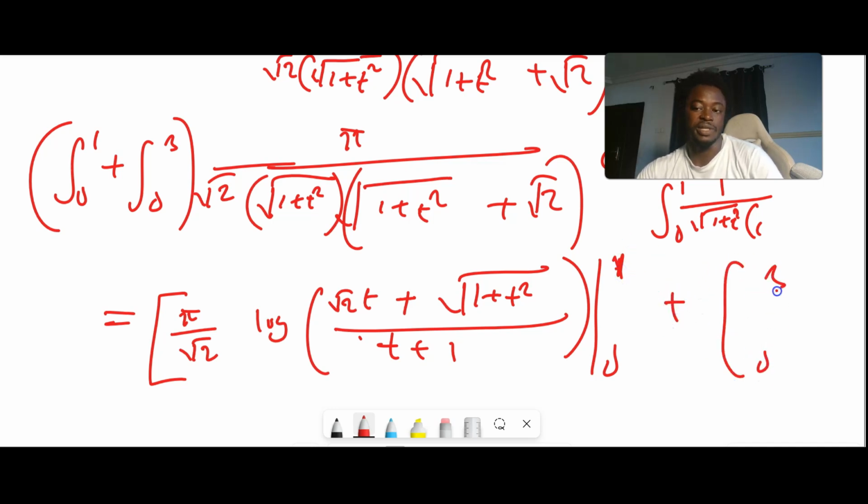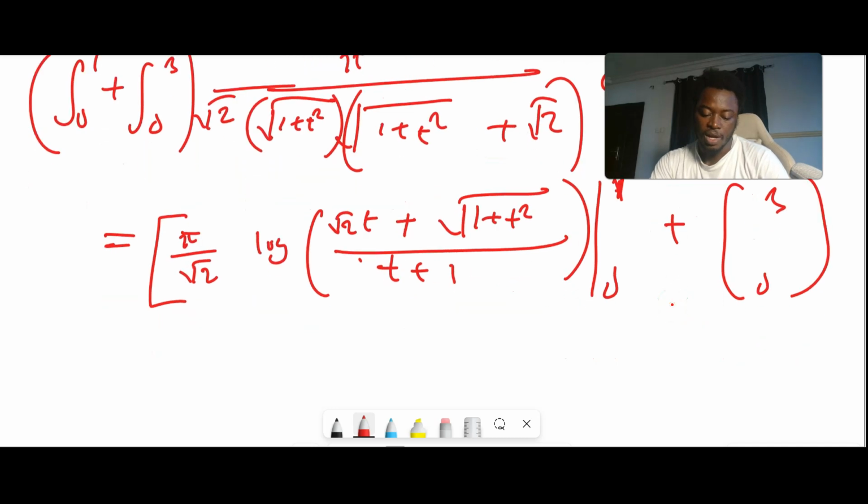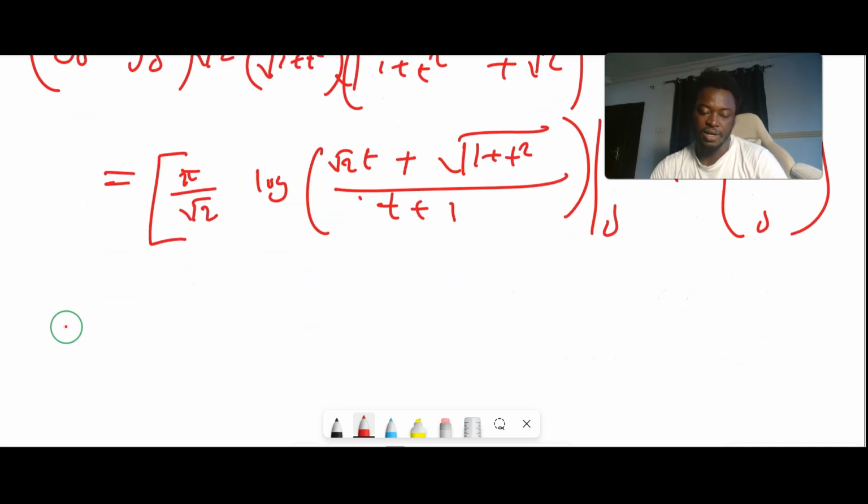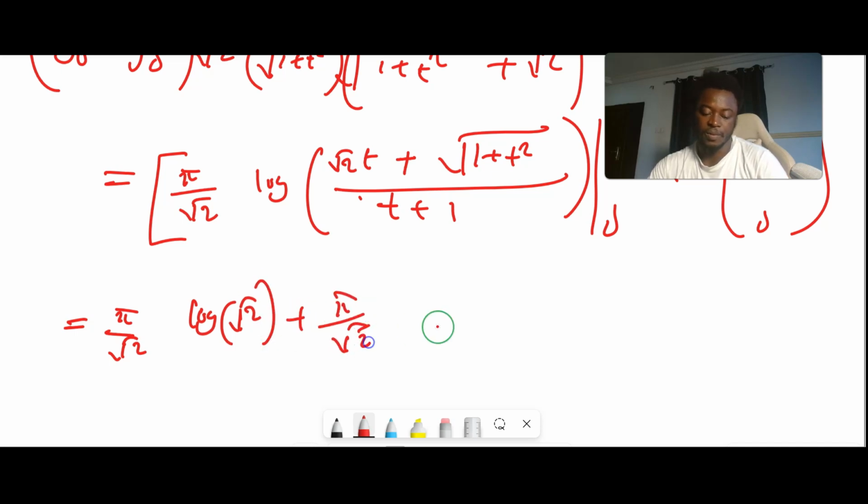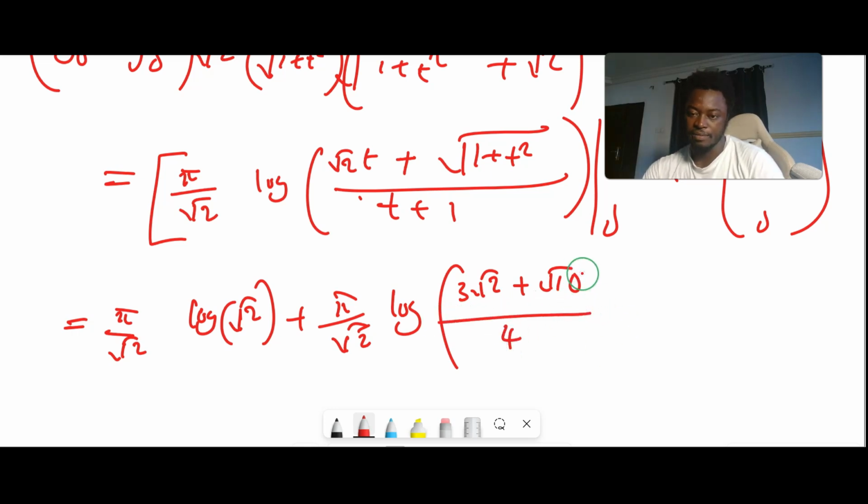When all is said and done, you would have pi over square root of 2 times the logarithm of square root of 2, plus pi over square root of 2 times the logarithm of 3 square root 2 plus square root of 10, all divided by 4, and then minus 3 pi over 2.